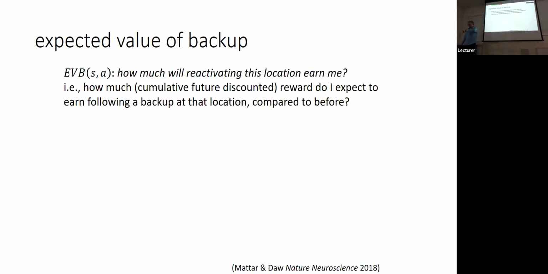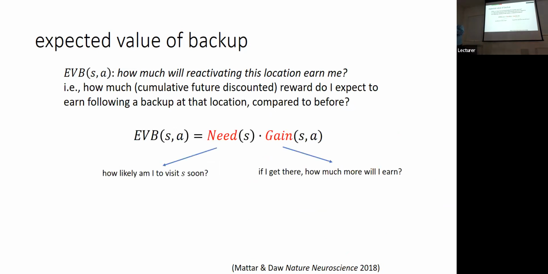This is published, I just want to give you a slight sense of how the theory works. I'm happy to discuss more, but I don't need to belabor the details. The heart of this paper is that Marcelo proved a beautiful theorem about this quantity, expected value of backup, which shows that it decomposes into the product of two terms, which, based on connections to some previous work, he calls need and gain.